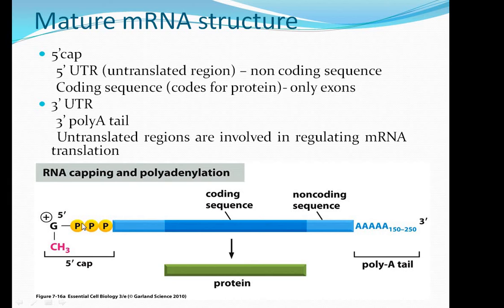So you have your 5' cap and your 3' poly-A tail, and also your fully coding sequence with all the introns removed and only exons. This is the 5' UTR, the untranslated region, and this region is the 3' UTR, the 3' untranslated region.